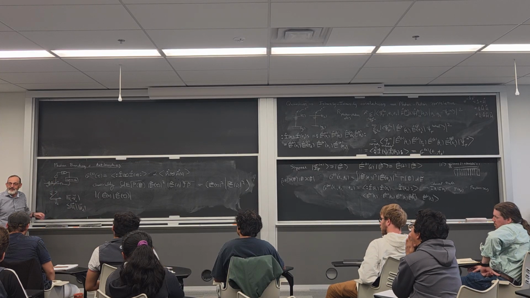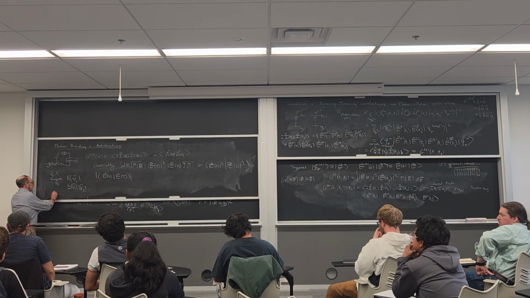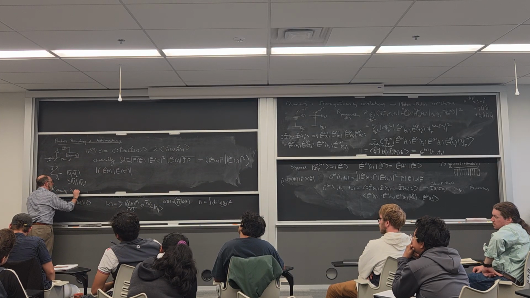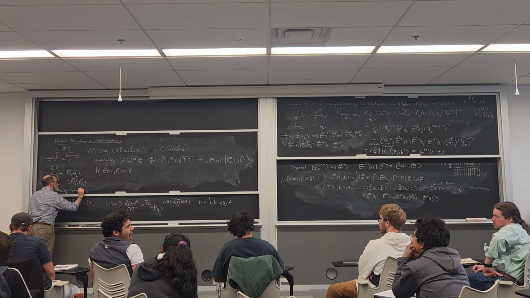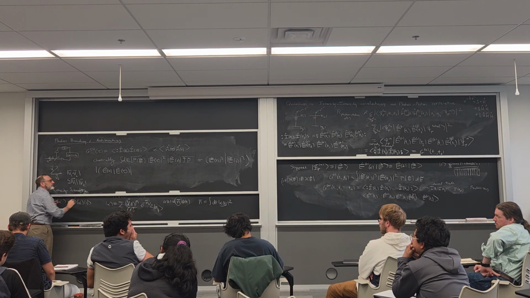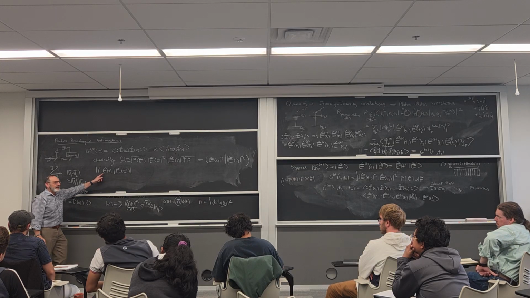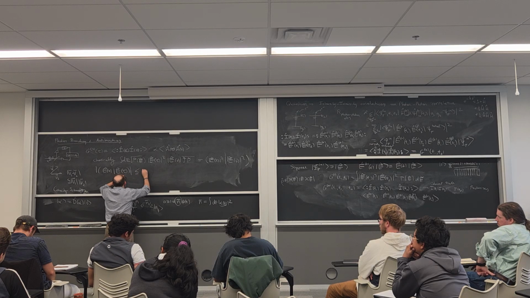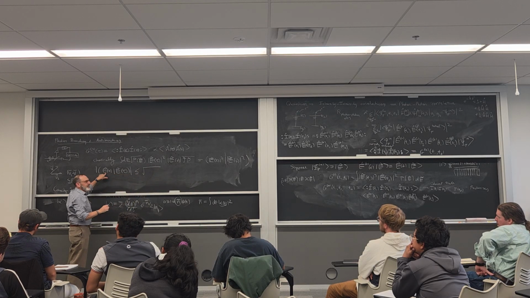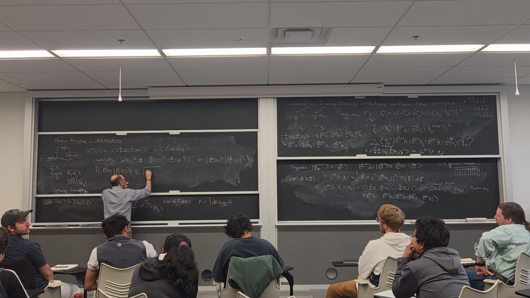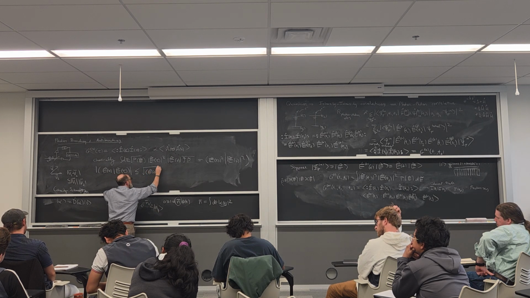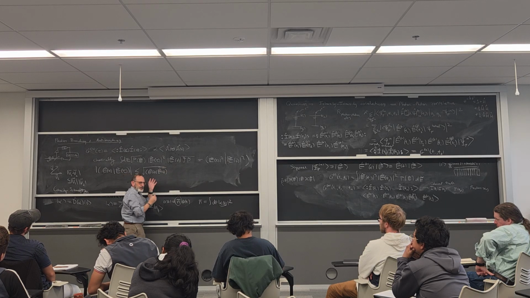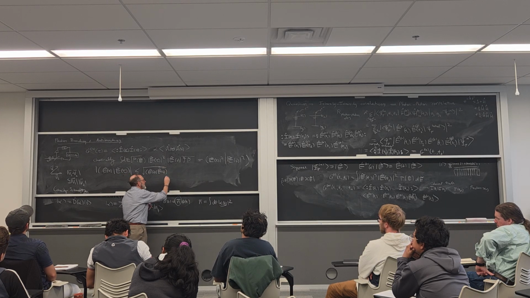That's the Cauchy-Schwarz inequality, right? So what does this say? That says that this is less than or equal to the square root of the length of this vector, which is the inner product of it with itself, the square of the amplitude, that's it.